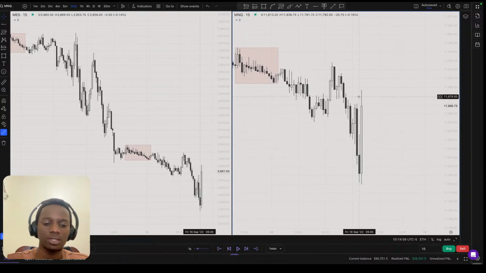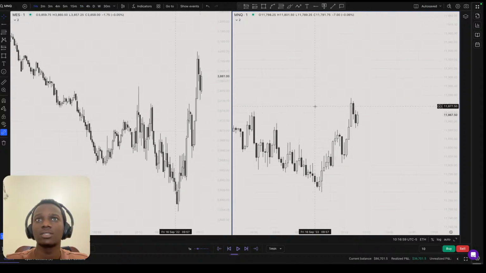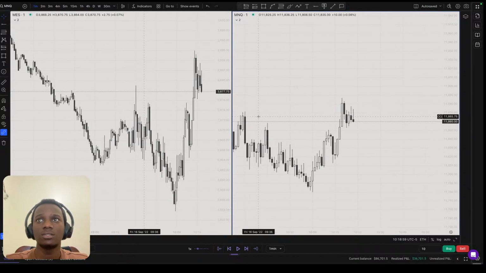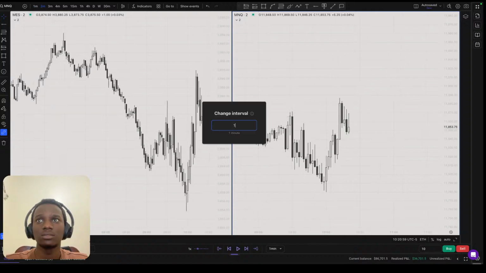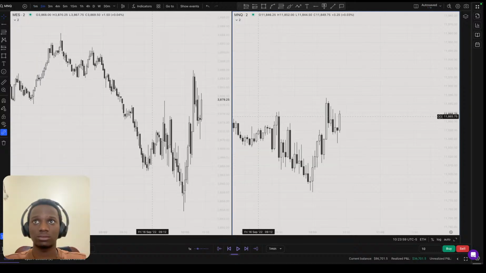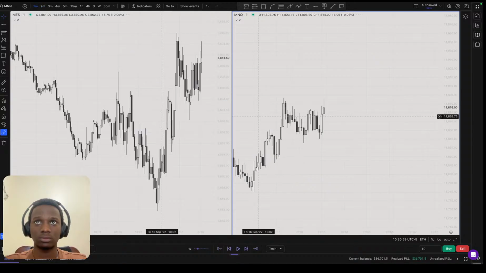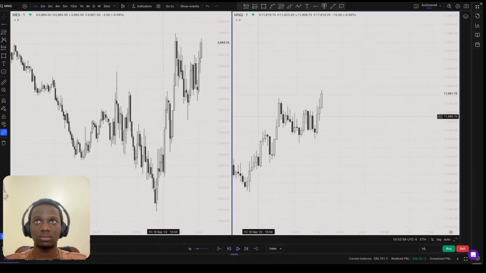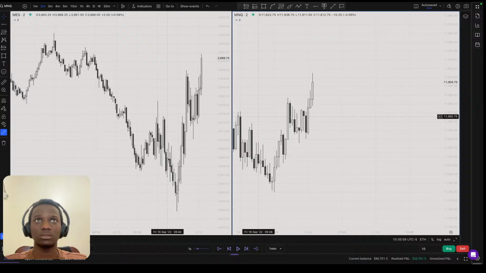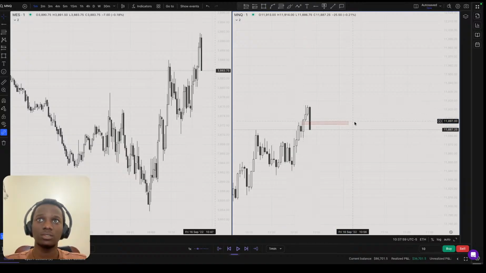Okay, run on the highs there. 1 hour gap, time to reverse. Consolidation. Then you get the inversion right here for 3 handles.